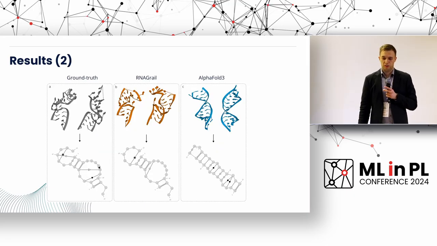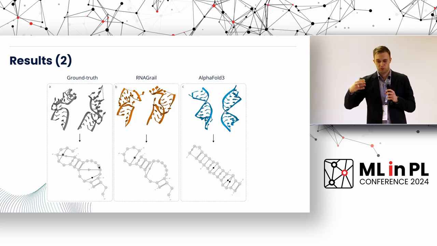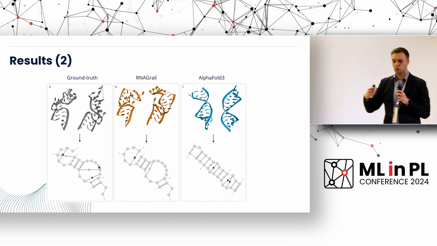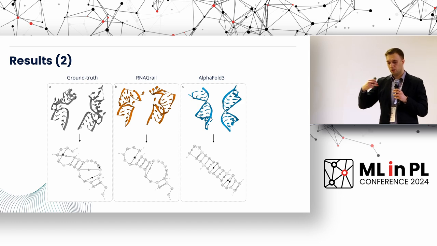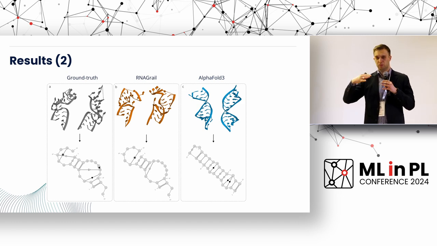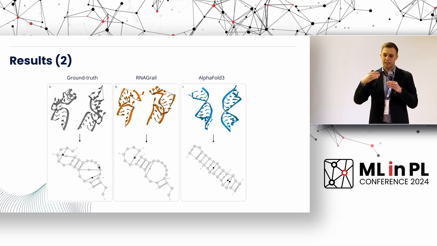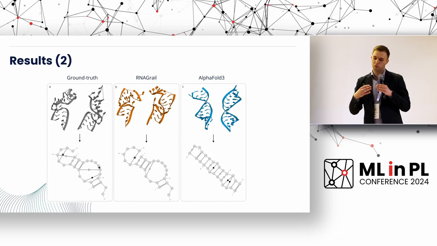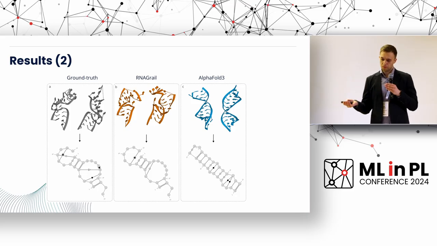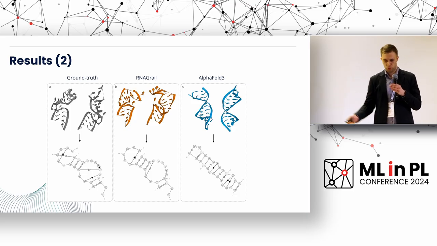Another thing that we wanted to measure is how well our method keeps the interactions between atoms, between residues. For us, it was important to keep the interactions that we indicated to the model. So when we expect the model to keep certain interactions, we don't want the model to disturb them. In AlphaFold 3, you cannot do that. You cannot say what kind of interactions there should be.